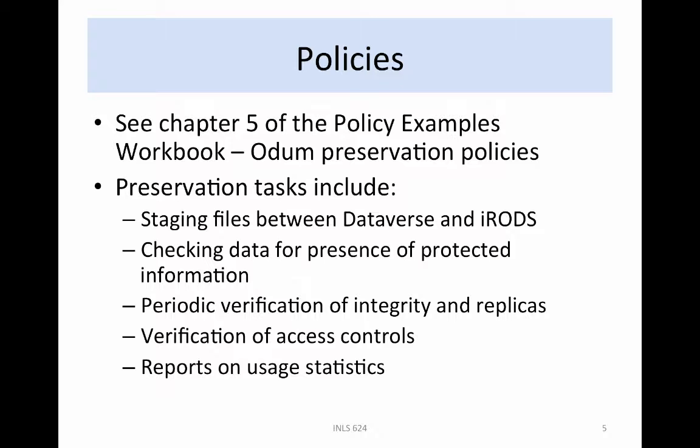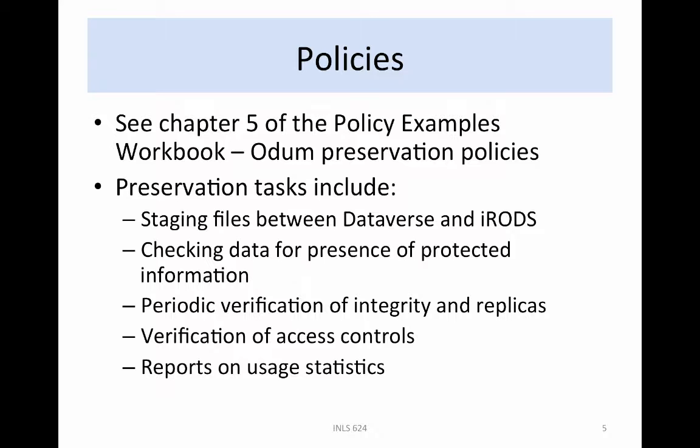The preservation tasks include staging files between Dataverse and the DFC Federation Hub, checking data for presence of protected data, periodic verification of integrity and the number of replicas, verification of access controls, and generation of reports on usage statistics and collection sizes.